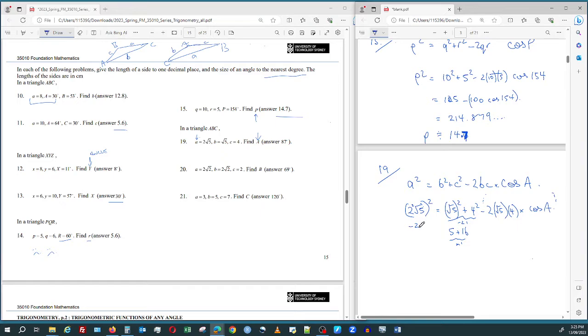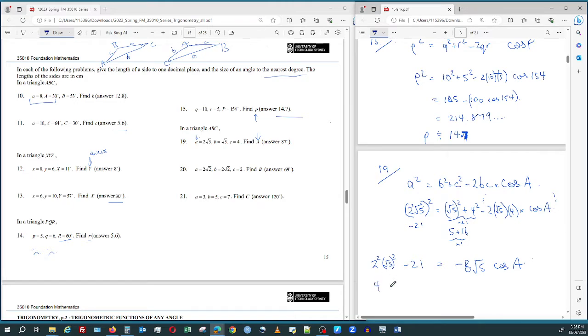Okay, so this will be 2 squared, root 5 squared, minus 21, minus 2. Now what have we got here? 4 2s are 8. So 8 root 5 cos A. So we'll finish this off. 2 2s are 4.